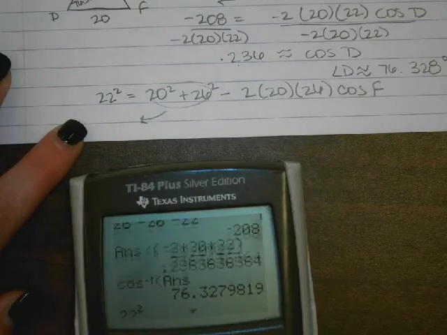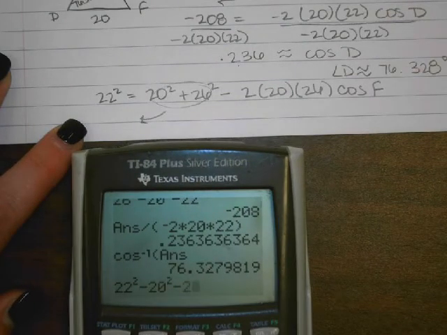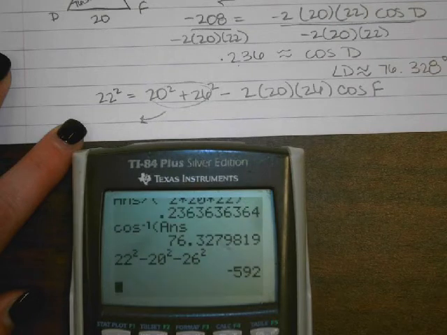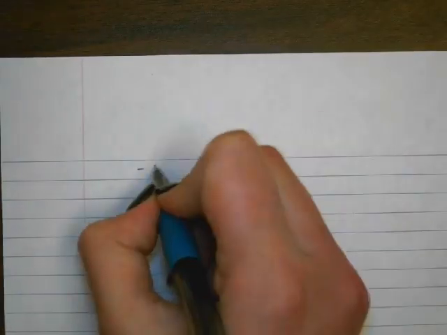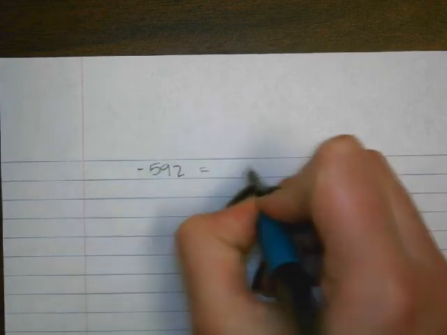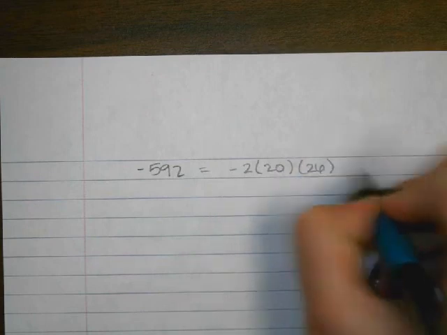So I have 22 squared minus 20 squared minus 26 squared, and that gives me negative 592, equals negative 2 times 20 times 26 cos F.